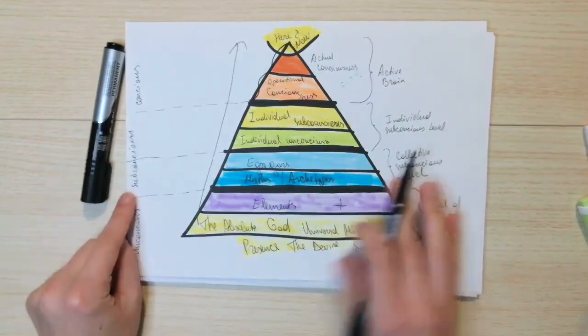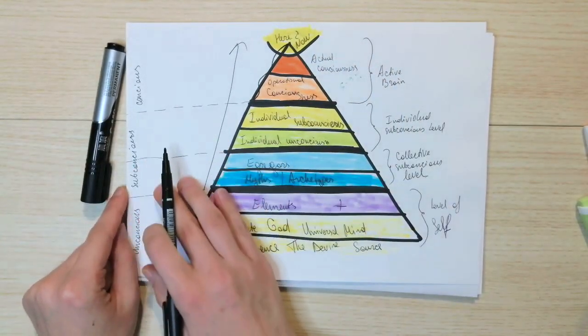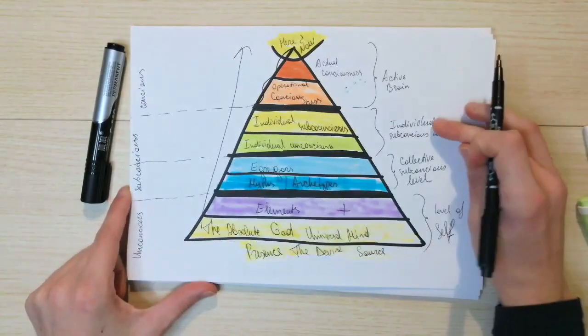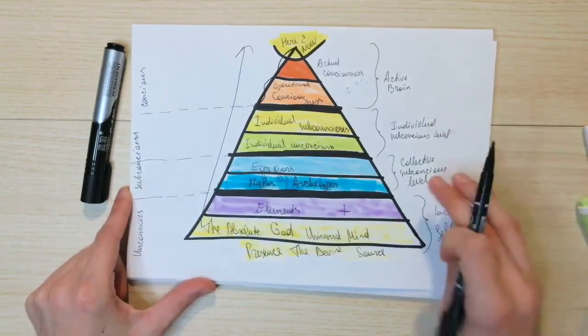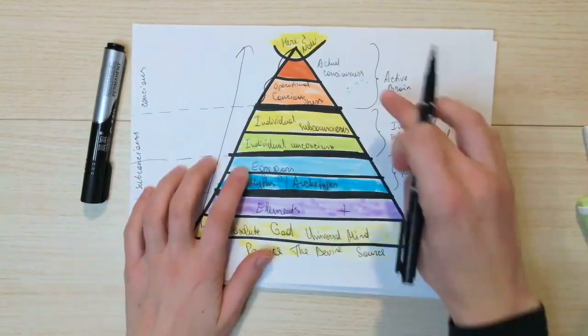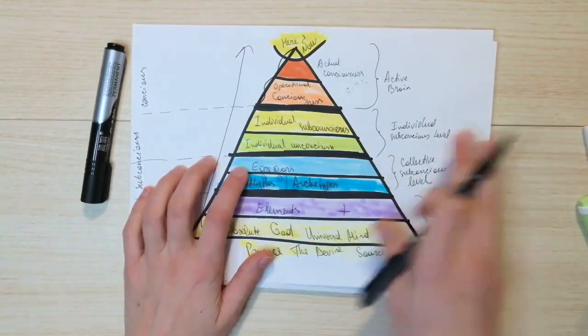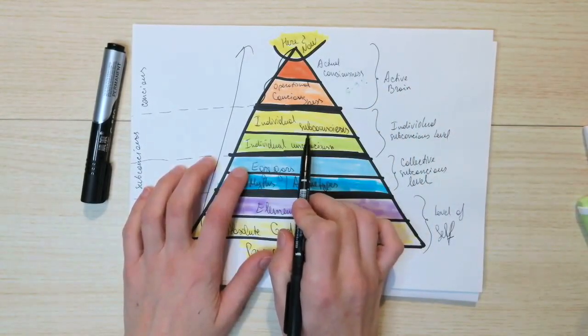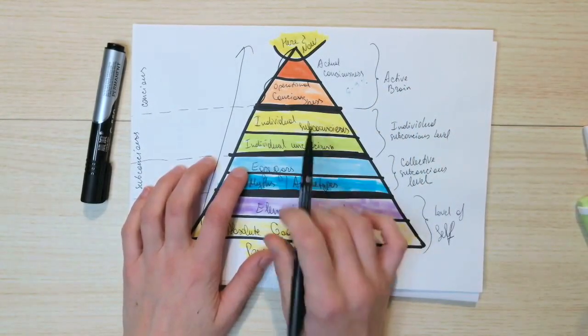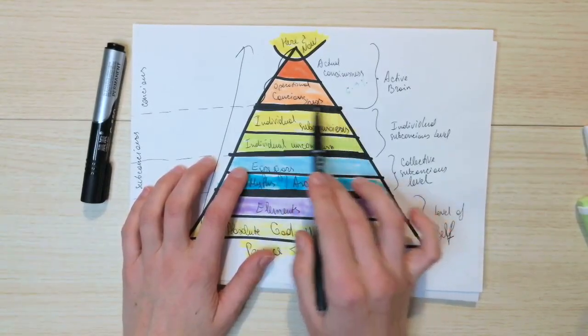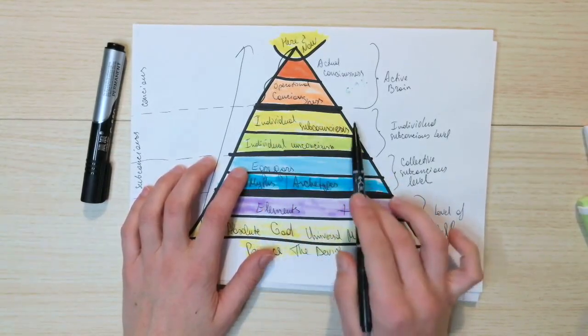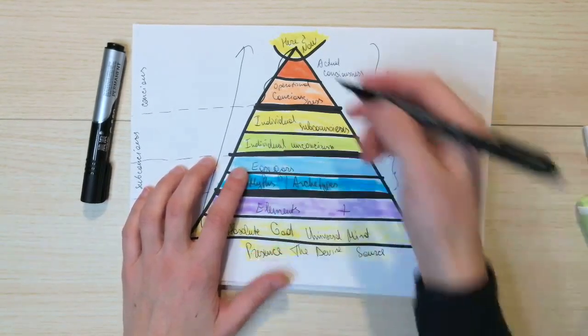Then we go down to the subconscious mind, which has the individual subconscious level and the collective subconscious level. On the individual level, we have the individual subconscious and the individual unconscious. Basically, the subconscious is more what happened in our current life from the moment of conception.